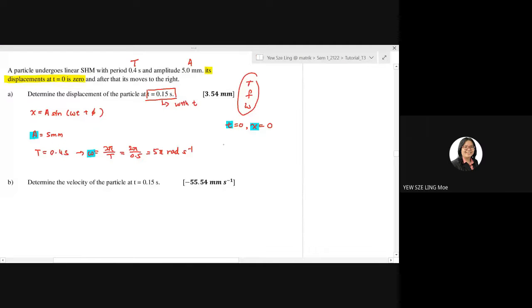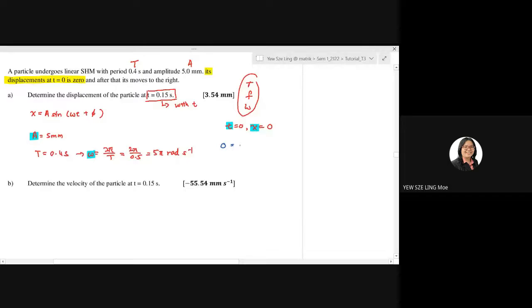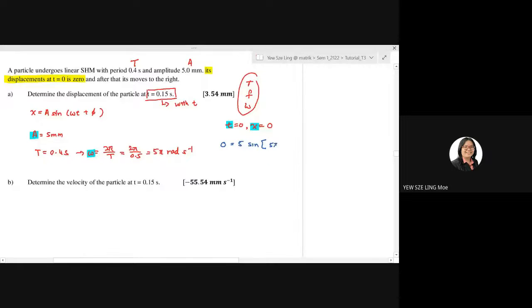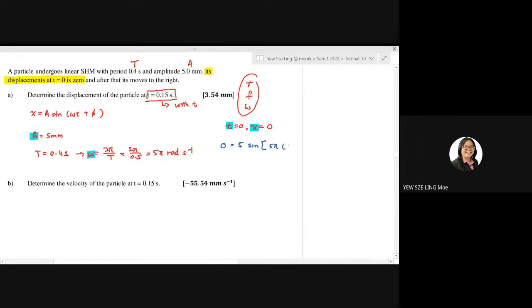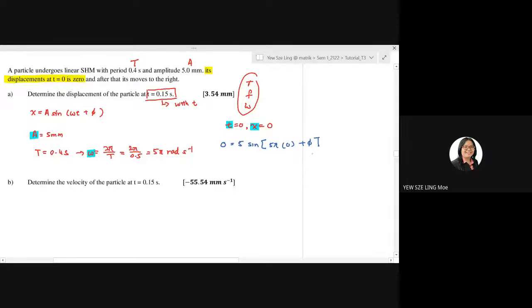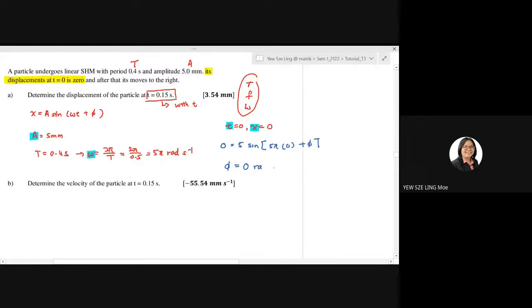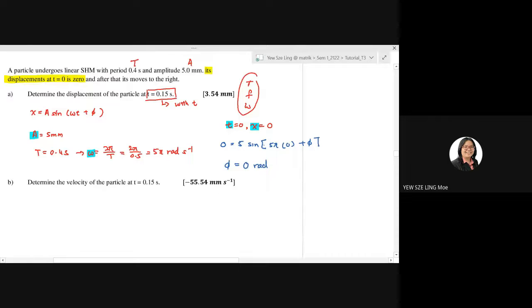So x equals 0 equals 5 sine, omega is 5 pi, and t given is 0, plus phi. From here I rearrange the equation. Eventually I obtain phi equals 0 radian, which means now my object starts to move from its equilibrium position. The initial phase angle, the place where we start to record the simple harmonic motion, is the equilibrium position. So phi equals 0 radian.